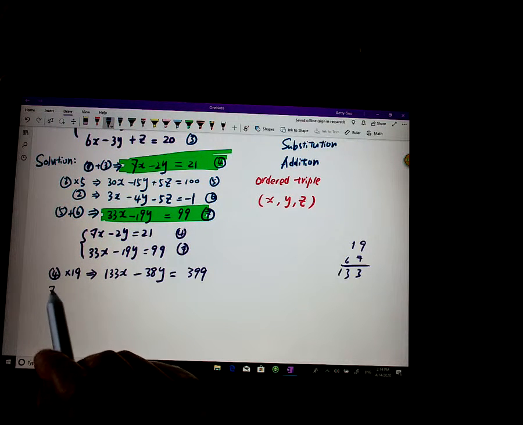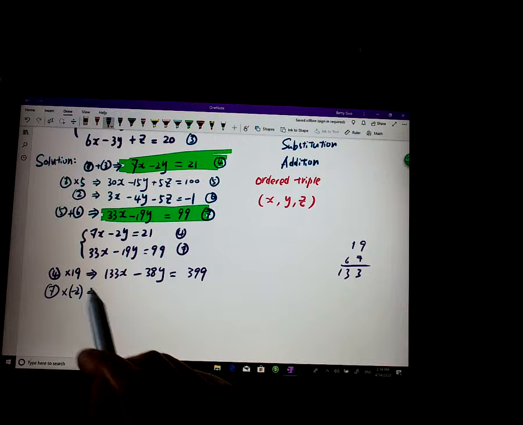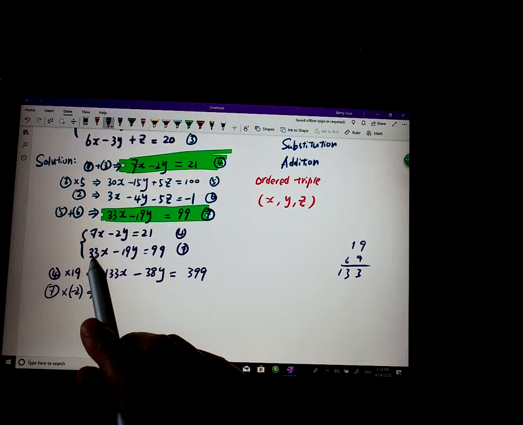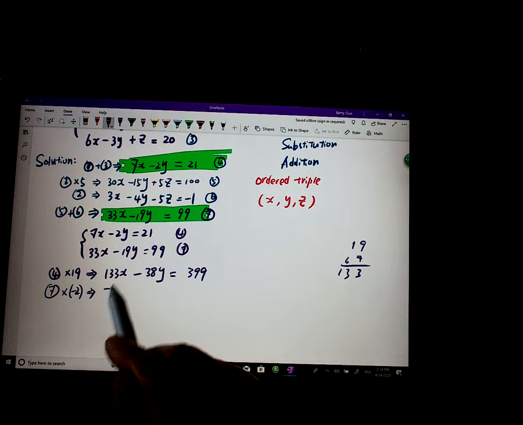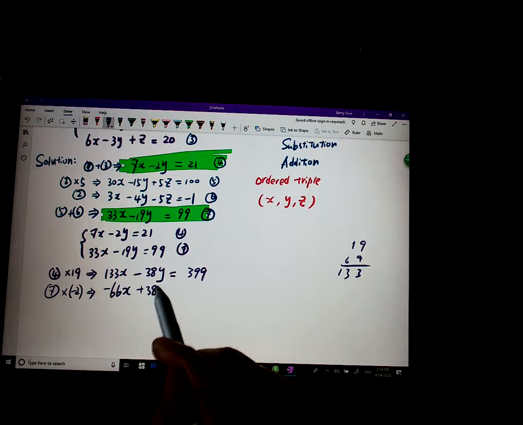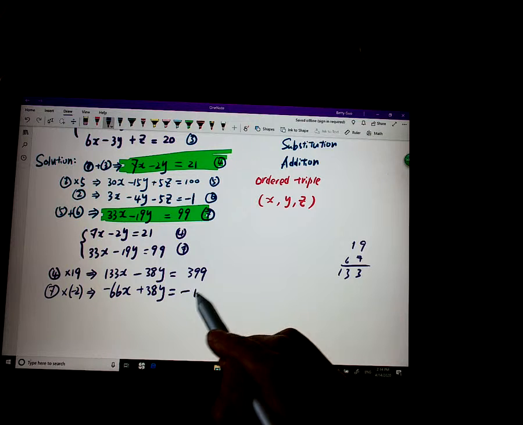And equation 7, we're going to multiply by negative 2. Each single term multiplied by negative 2. 33 times negative 2, negative 66x. Negative 19 times negative 2, positive 38y. 99 times negative 2, we would have a negative number, 198. And then we add them up.